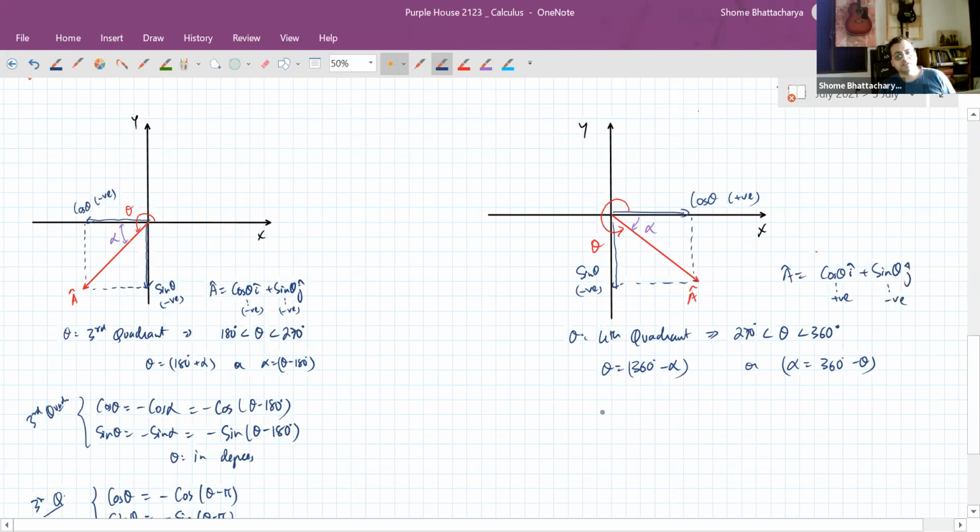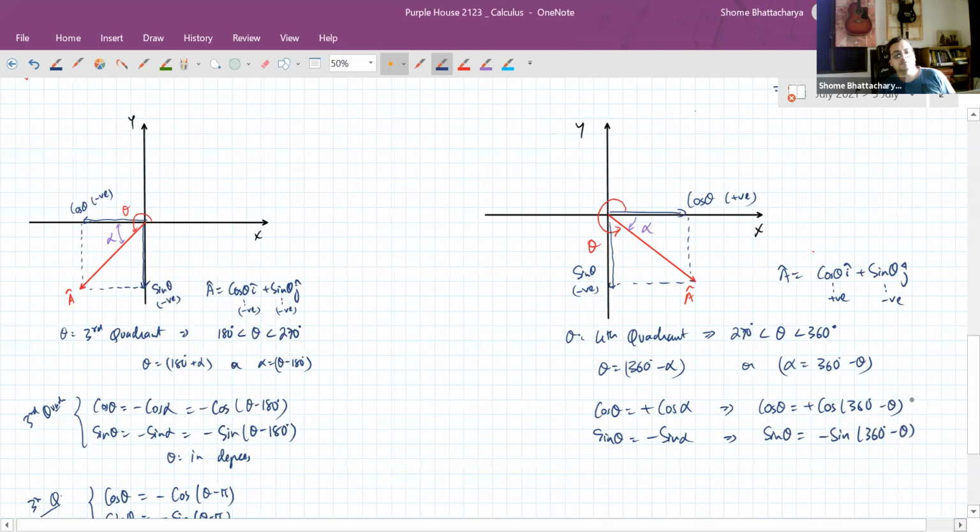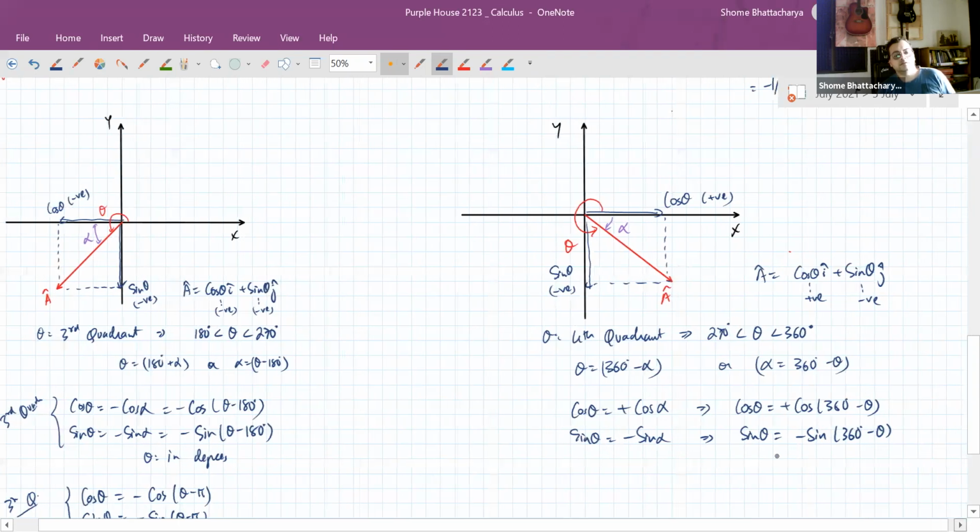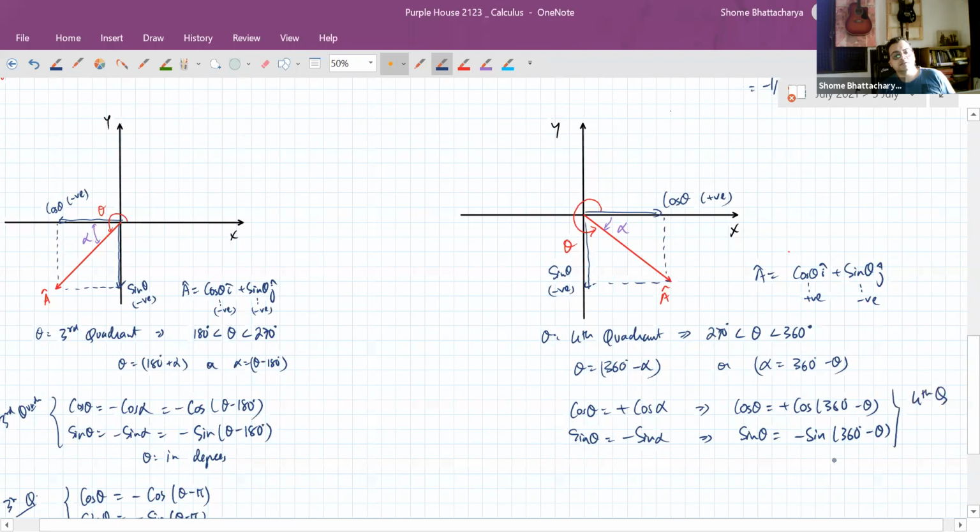So using this, you can see that the value of cos theta will become plus of cos alpha, because cos is positive. Or we can say cos theta is positive of cos 360 minus theta, whereas sin theta is the one which is negative. It's minus of sin alpha. So sin theta will become minus sin 360 minus theta. So this becomes my fourth quadrant formula, where theta is in degrees.